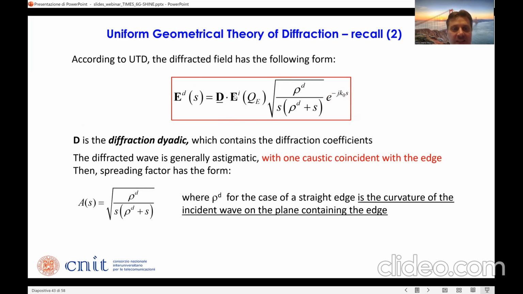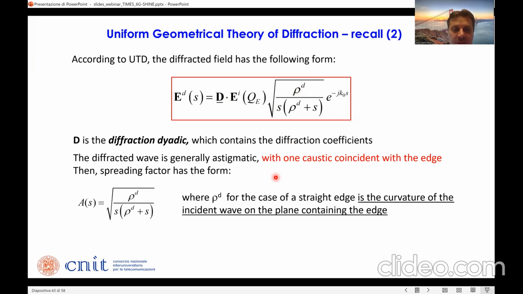The diffraction dyadic contains the UTD diffraction coefficient that I will explain later, while the spreading factor in this case has only one curvature, which is rho d.